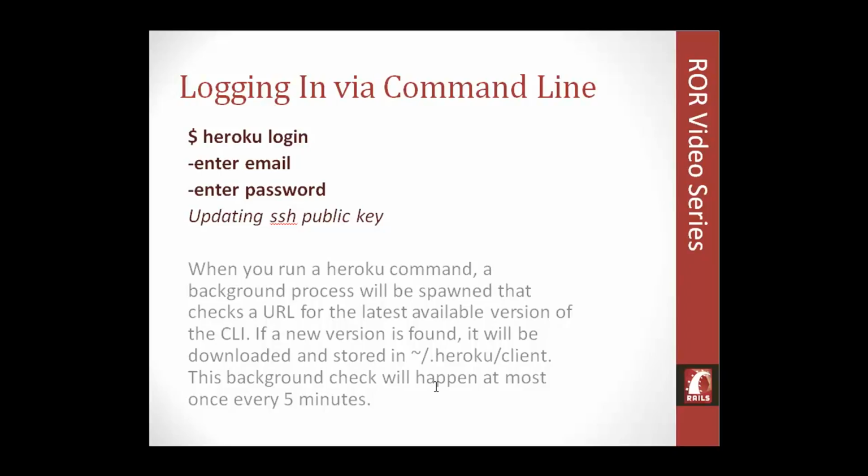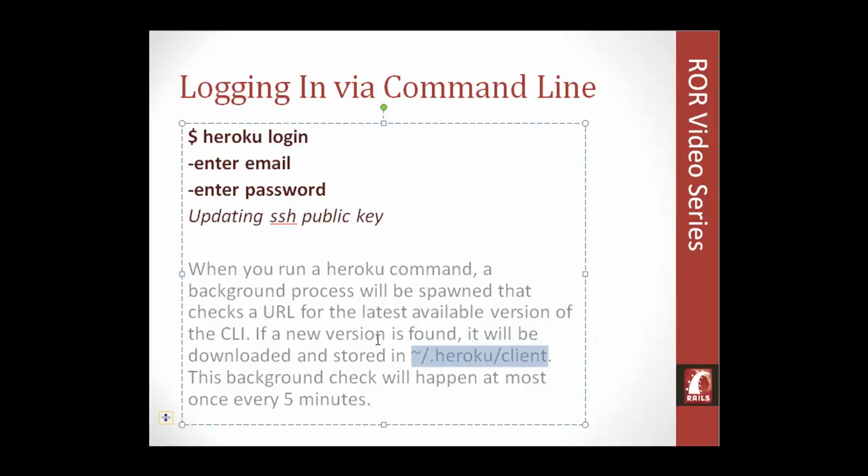And if it isn't, it checks that about every 5 minutes, and if it isn't, it will download the newest version and it'll put it in. This path is actually a Linux path. On Windows it would be on the C drive, in the users directory, and then in the username directory you'll see this Heroku folder.